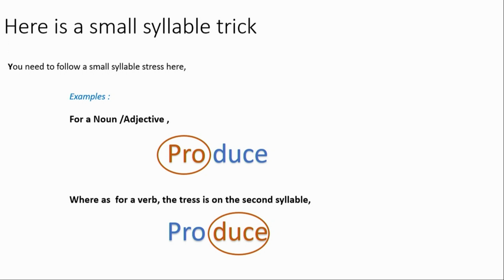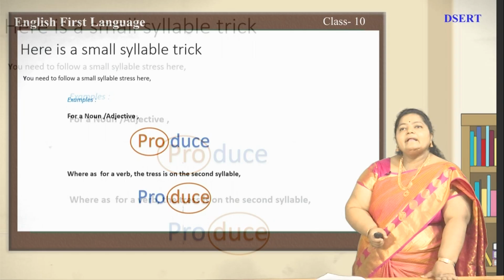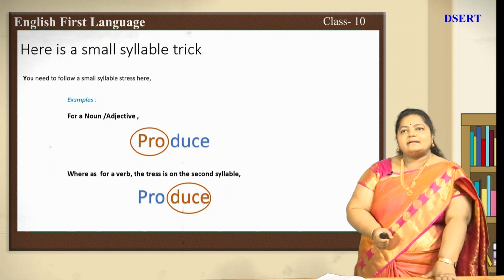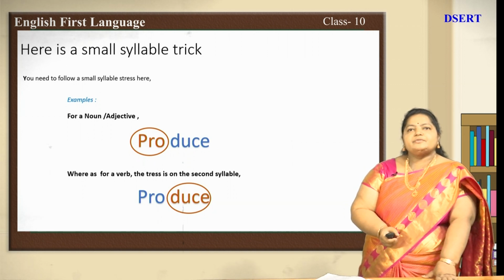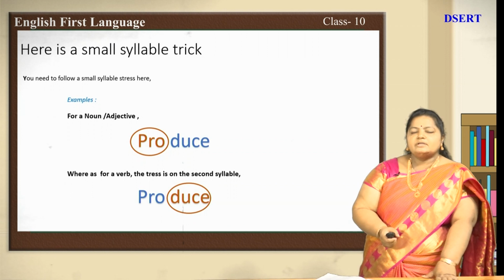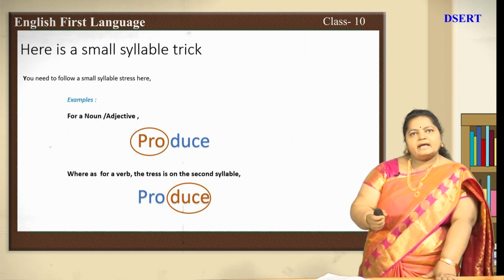The first syllable here is P-R-O, and it is stressed. Whereas for a verb, the stress is on the second syllable, D-U-C-E. This is very important to understand. If you understand the small trick, you can convert n number of sentences as you wish.